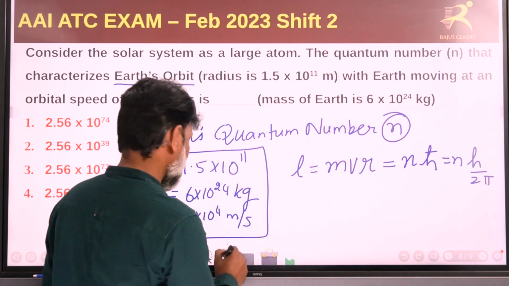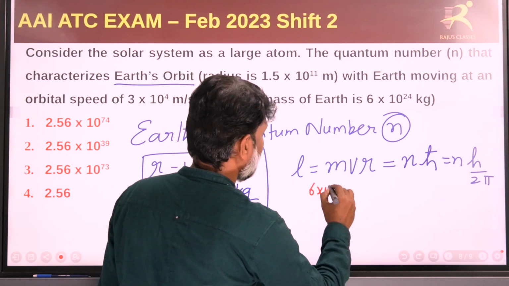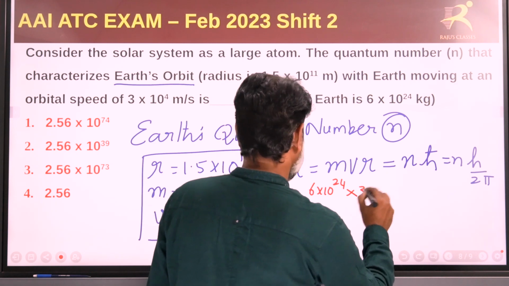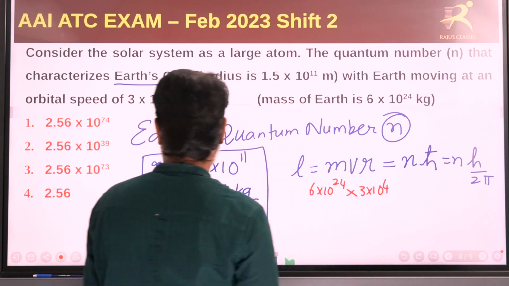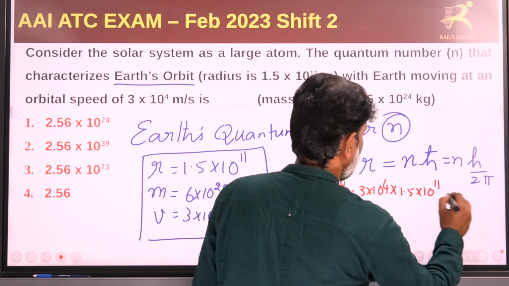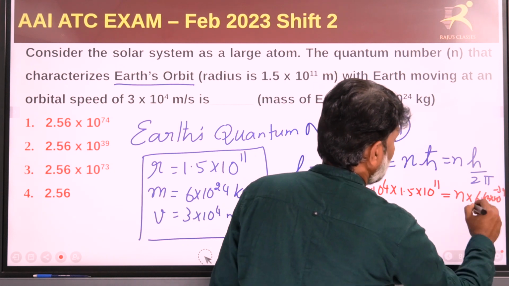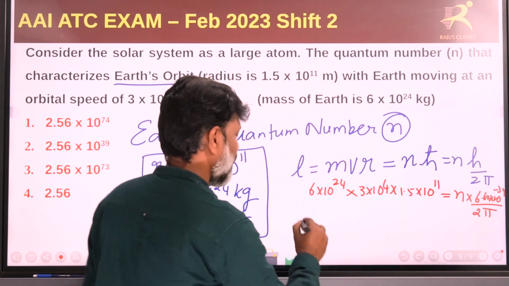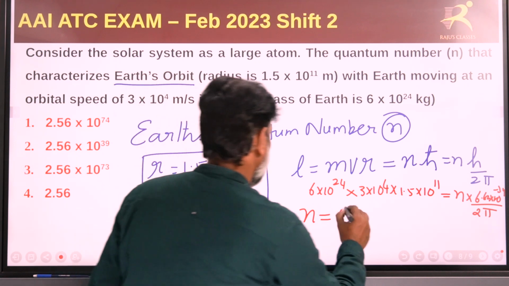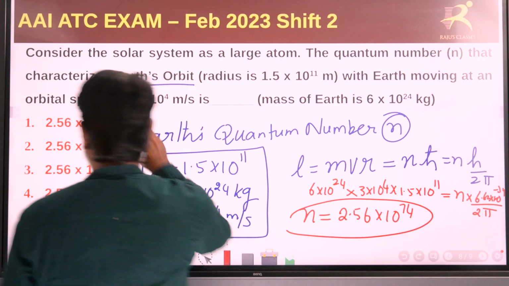So we can substitute the values here. m is 6 into 10 power 24, velocity is 3 into 10 power 4, and the Earth radius is 1.5 into 10 power 11, which equals n into 6.62 into 10 power minus 34 divided by 2 pi. If you solve this, we get the Earth quantum number as 2.56 into 10 power 74. Therefore, option A is correct.